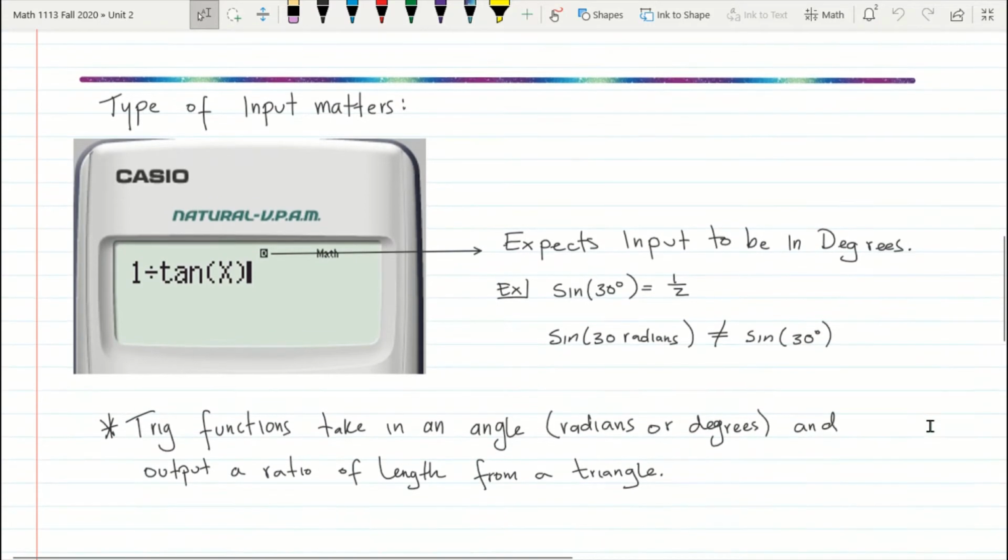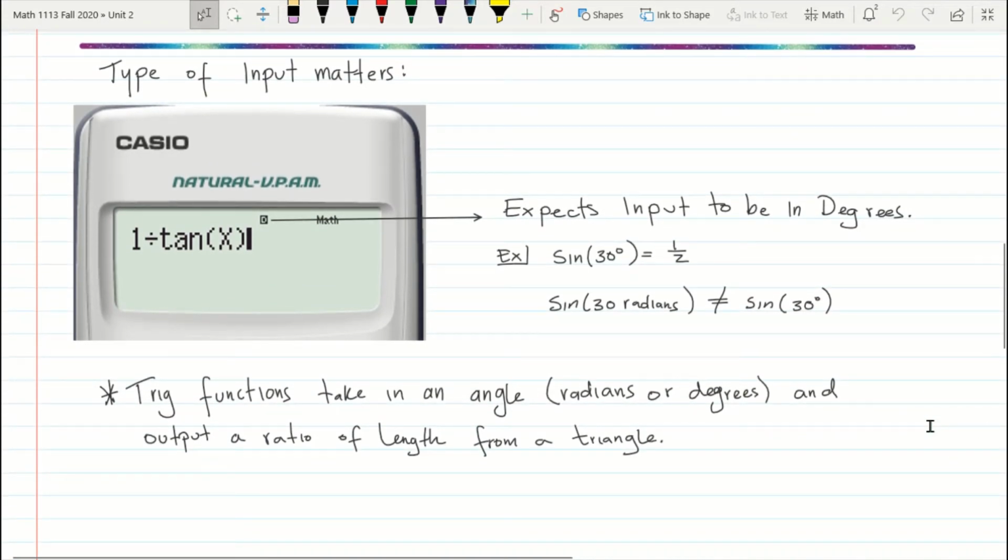Let's talk about the different types of inputs that you could have in your calculator. So notice in the Casio, there's a little symbol here, and it's a D. That tells me that the calculator is expecting the input to be in degrees, right? The input here, x, is expected to be in degrees. But what if you don't know the difference and you think that you're inputting it in a different form, like radians?